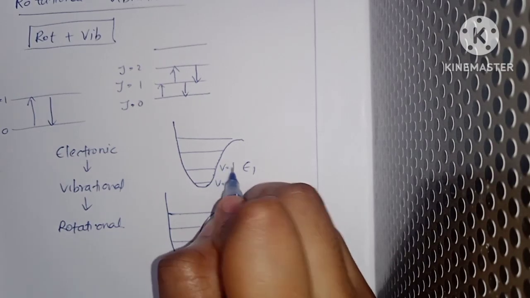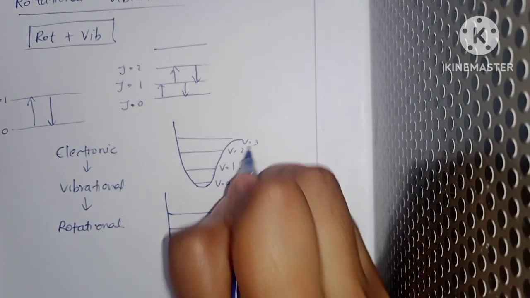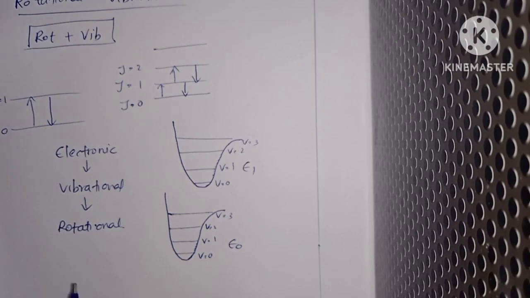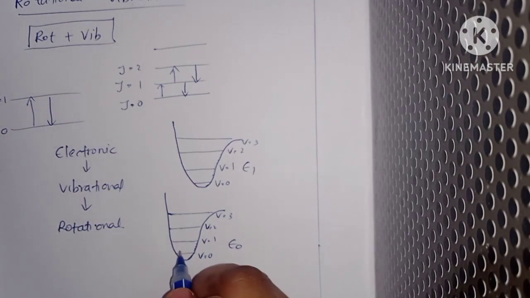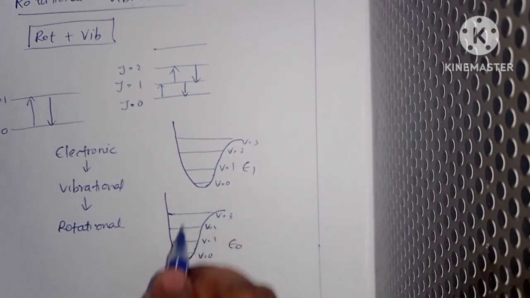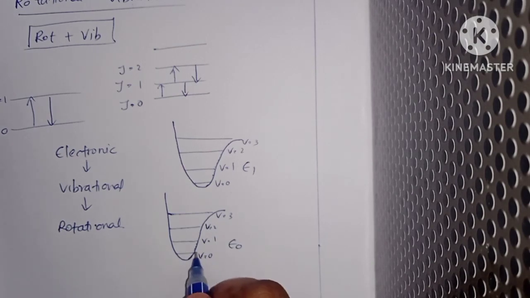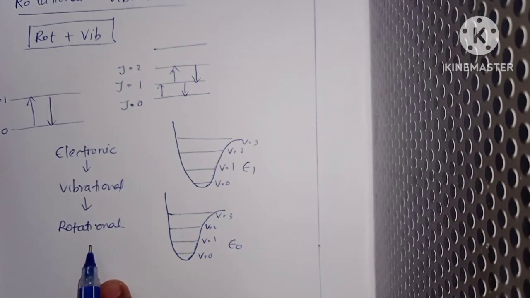Again, V equal to 0, V equal to 1, V equal to 2, V equal to 3, etc. So a vibrational transition can occur within the same electronic state or from one electronic state to another electronic state.